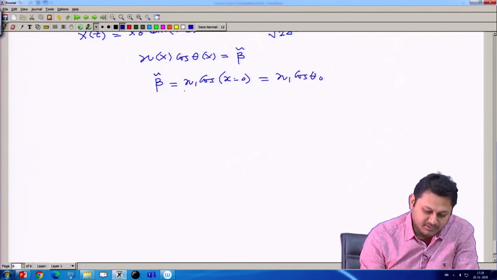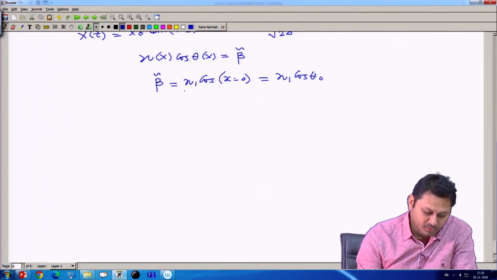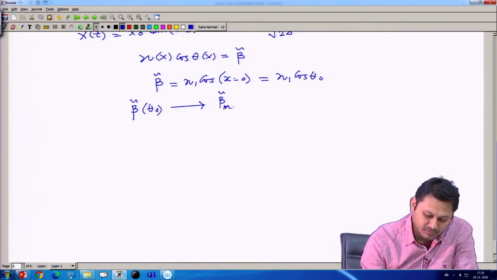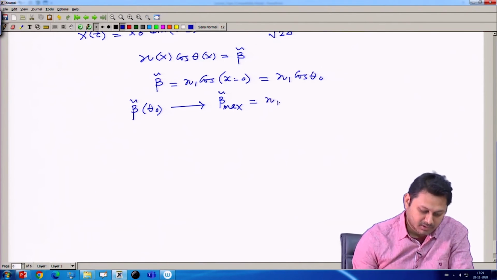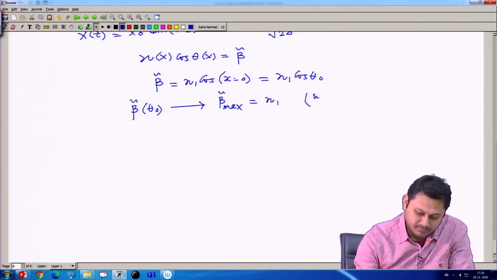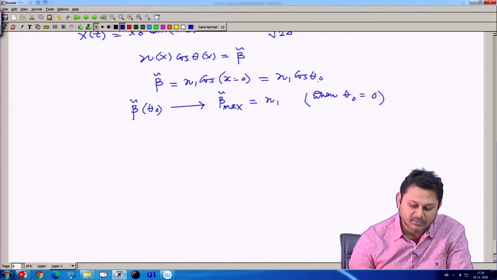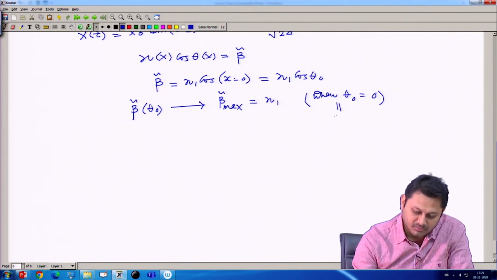So, from this expression we can find that beta tilde is basically a function of theta 0, and from here I can readily find that the beta tilde maximum value is nothing but n1, because it will be maximum when theta 0 is equal to 0, because in that case cos theta will have its maximum value, which is 1.